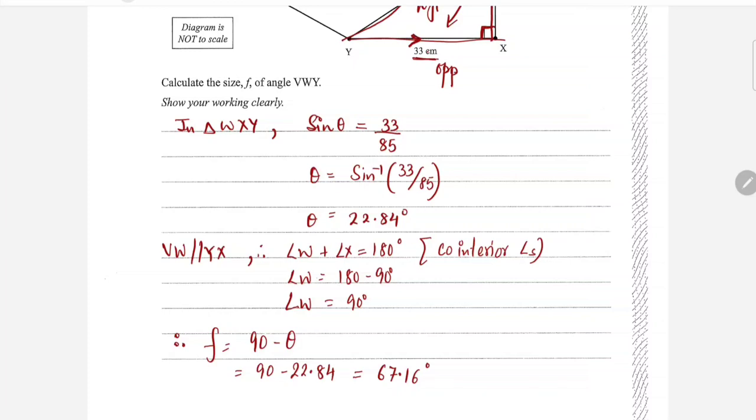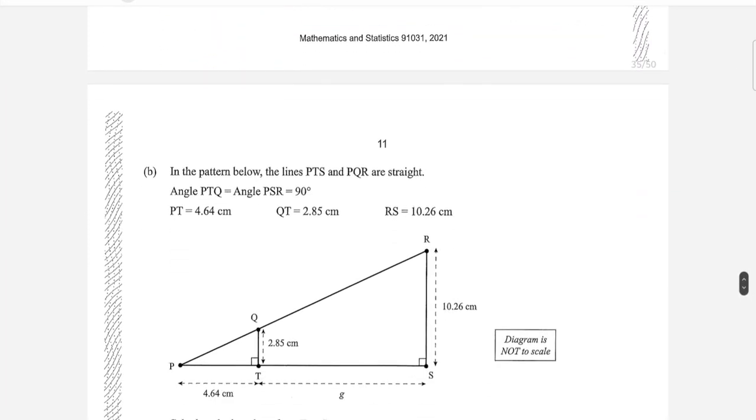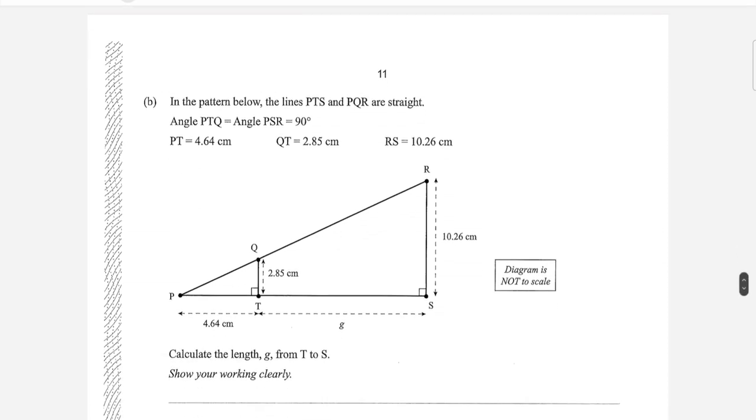Yeah. Cool. Next one. In the pattern below, the lines PTS and PQR are straight. Again, similar triangles. So PTS is a straight line and PQR is a straight line.